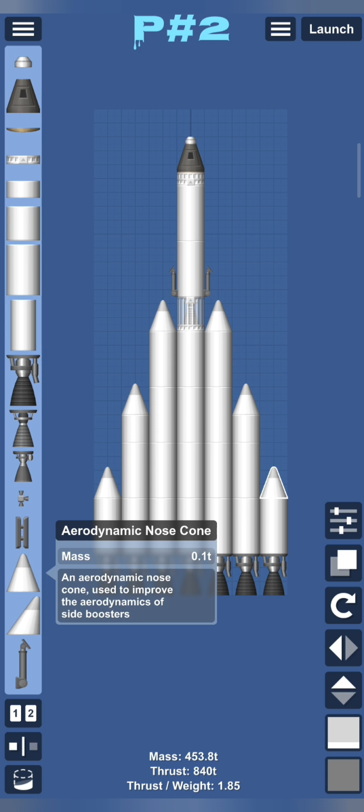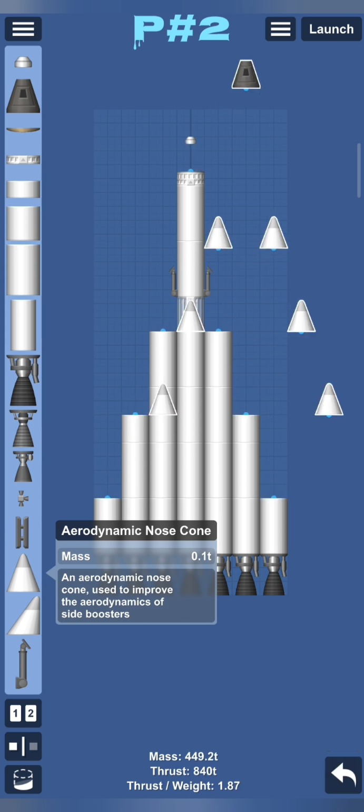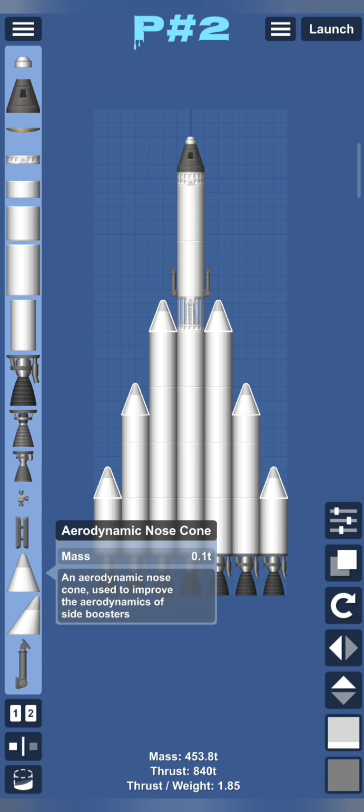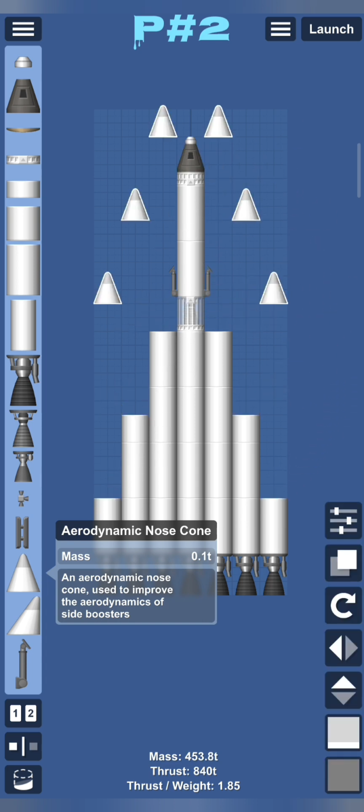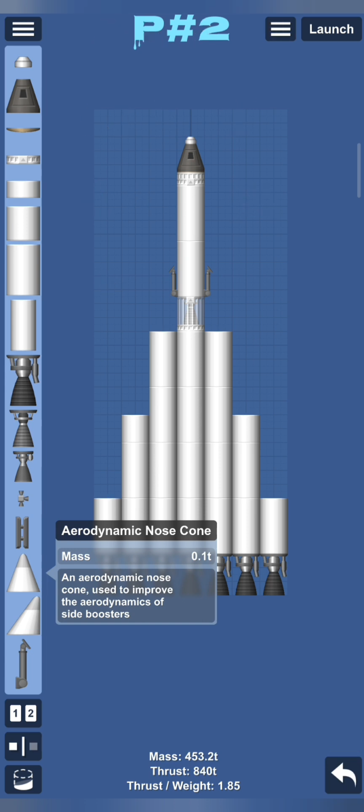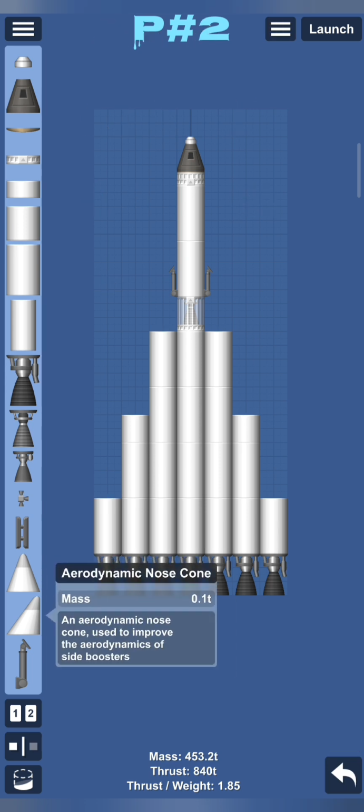The different component that I used in the design is aerodynamic nose cone, but I used the wrong type of aerodynamic nose cone, so we will replace the cones with the right one.